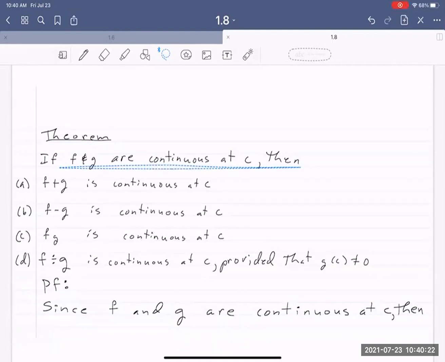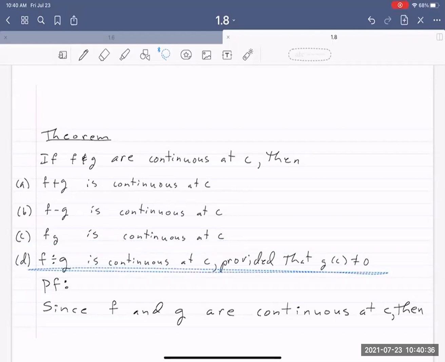If f and g are continuous at c, then f plus g is continuous at c. f minus g is continuous at c. f times g is continuous at c. f divided by g is continuous at c, provided that g at c is not 0.